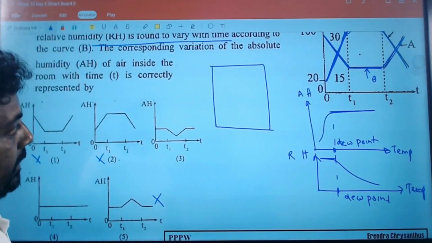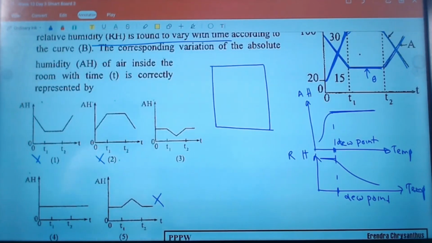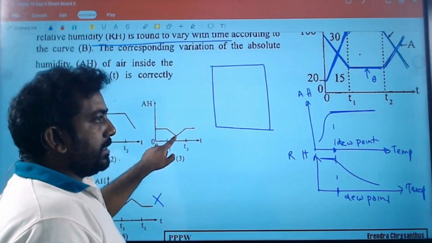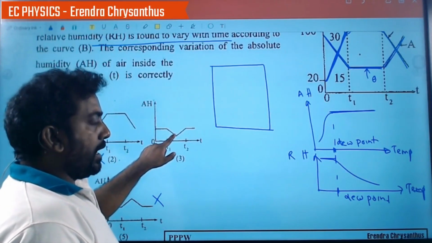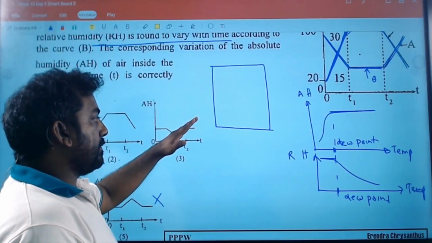If you look at 4 and 3, H reduces means RH is 100%.